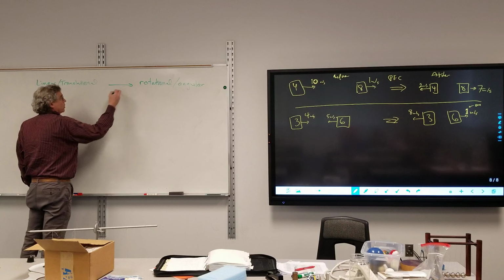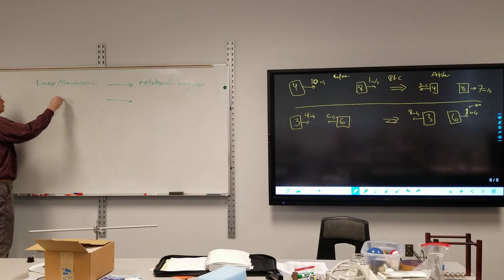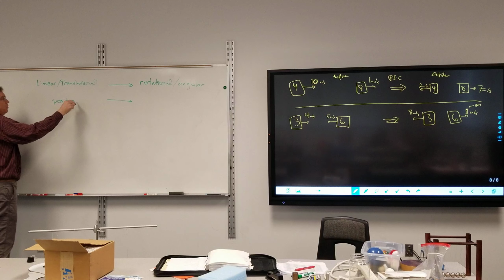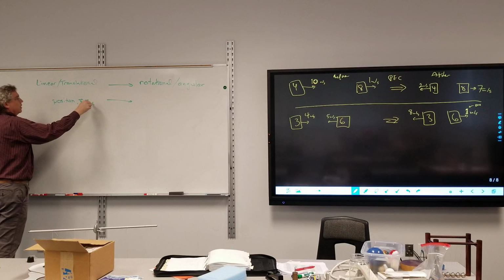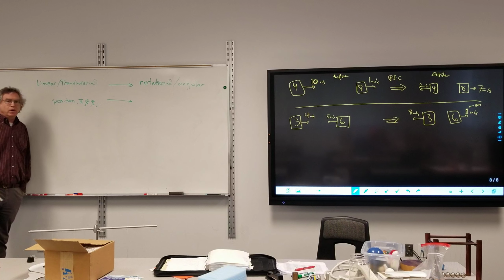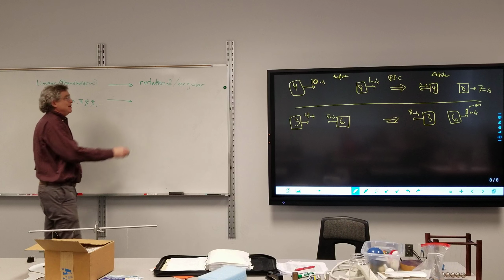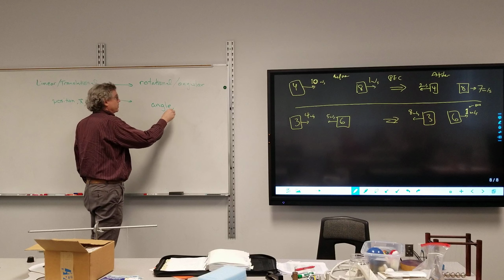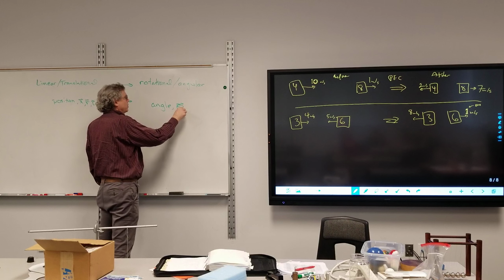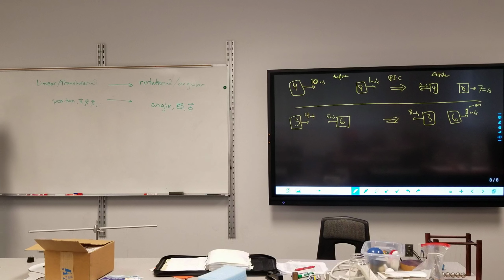And there's an analog. So for example, position is something we've dealt with, and generally X, R, S, and so on. The rotational analog of position is angle. And typically, theta and phi are the two that I use the most, but there are other letters that could be used.